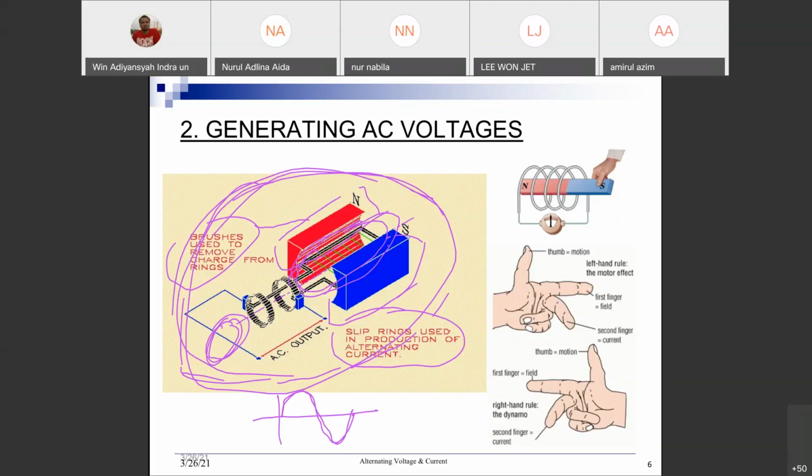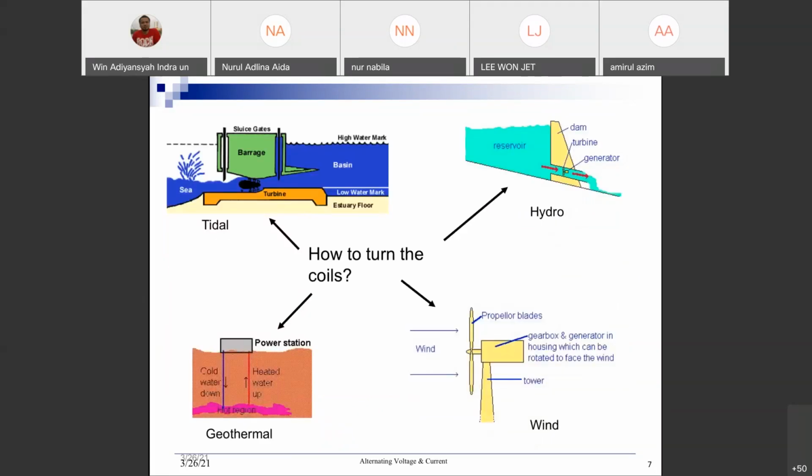Okay. So this is another technique to generate AC. First is tidal. What is tidal? In Indonesia, we call it pasang surut, where the sea has a very high level and then a very low one.